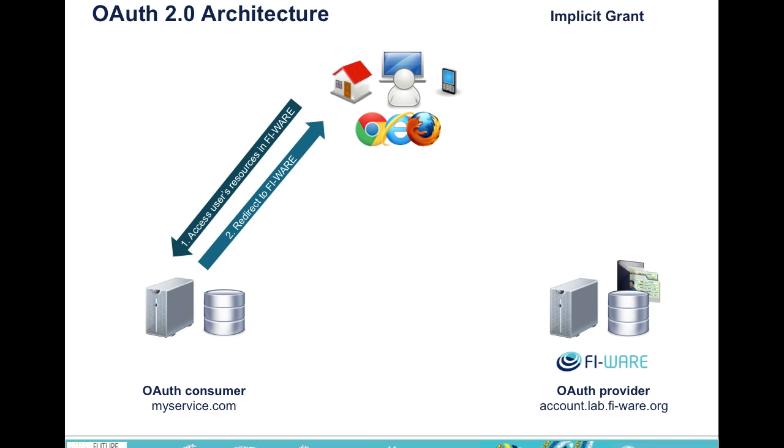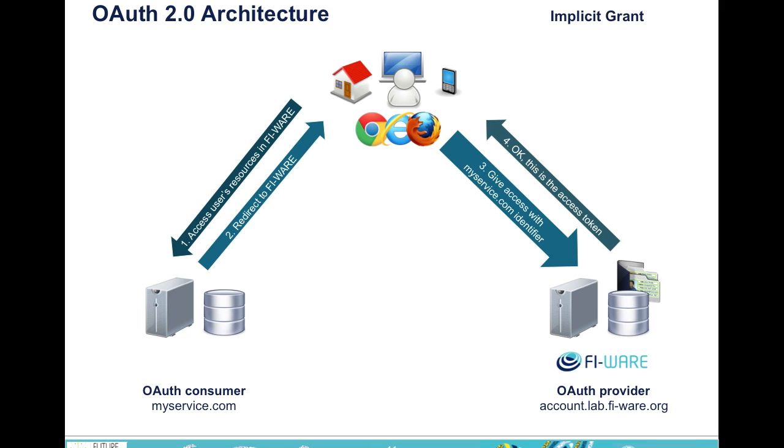But then, during user authentication in the OAuth provider, the browser will also send the consumer identifier. With this info, the provider will directly generate the access token and issue it to the user's browser.